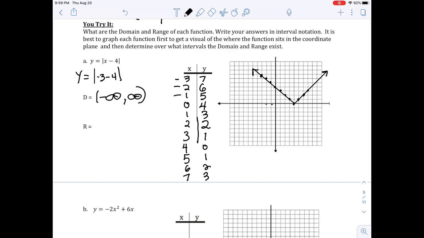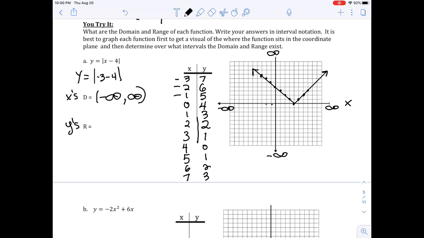My range, as I described to you before, is my lowest y to my highest y. And again, sometimes it's helpful to put your infinity values on the graph. And remember, when you're doing domain, you're looking left to right because those are your x's. Your range is your y's.